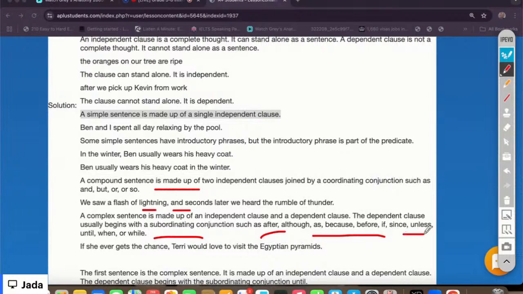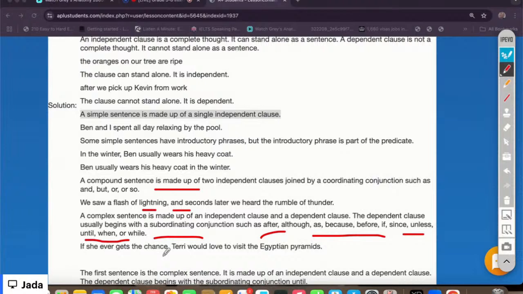All these over here are subordinating conjunctions. So a dependent clause will always start with any of these. It could start with because, it could start with before. And one thing with the dependent clauses, they could start the sentence or they could be in the middle of the sentence. So it doesn't matter.